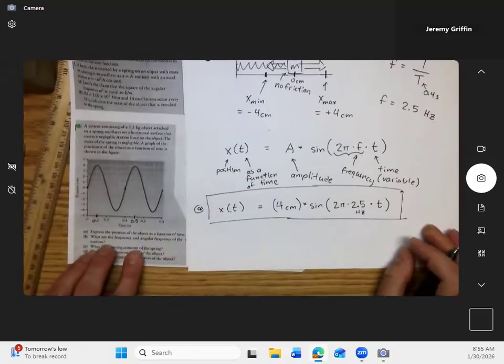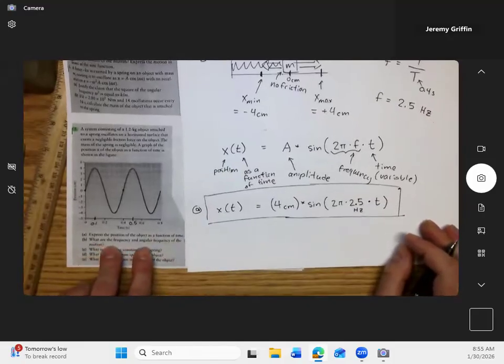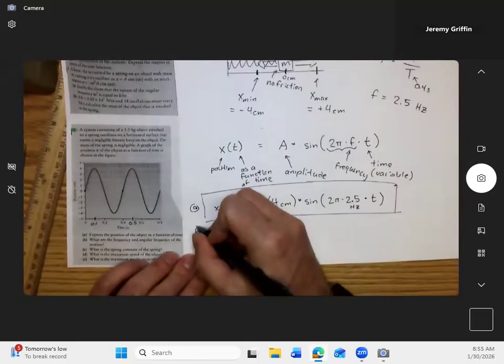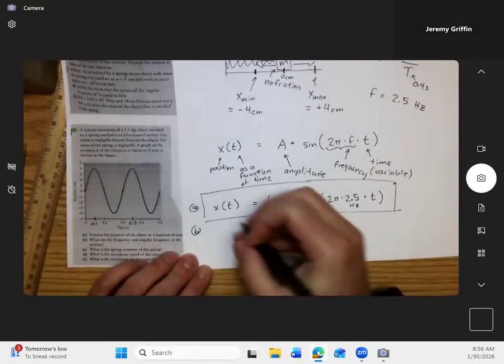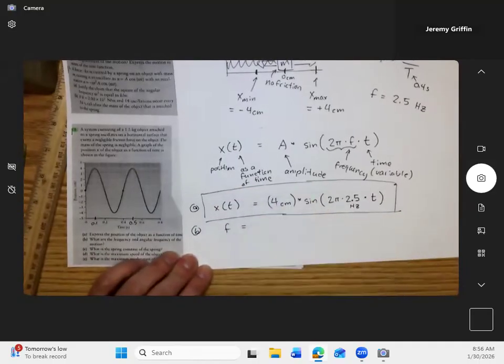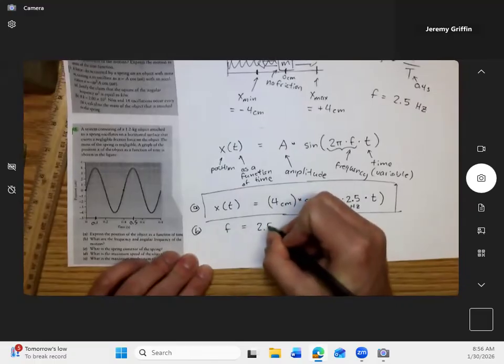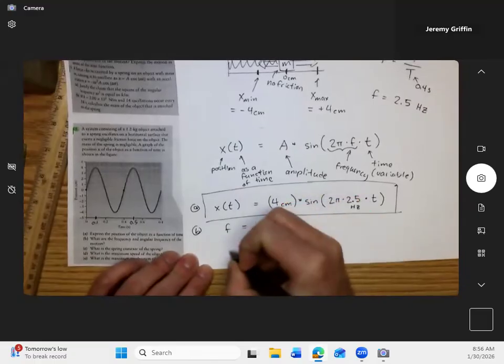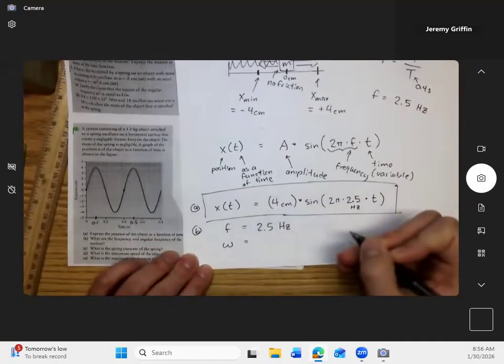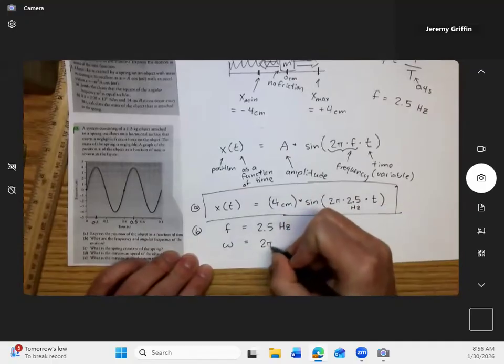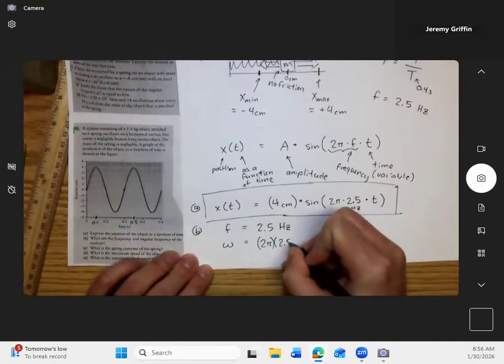Part B, what are the frequency and angular frequency? Well, we had to get the frequency to get this anyway. So frequency is what again? 2.5 hertz. And what's the angular frequency? 2 pi times 2.5 hertz.